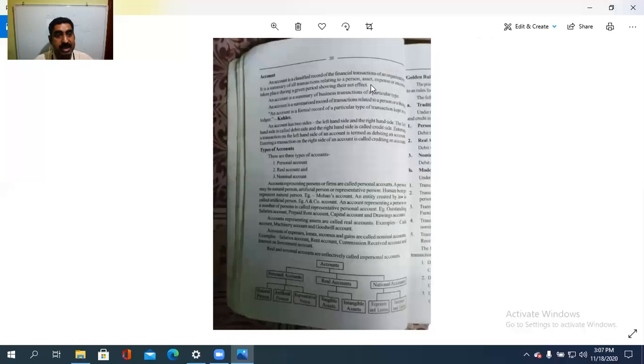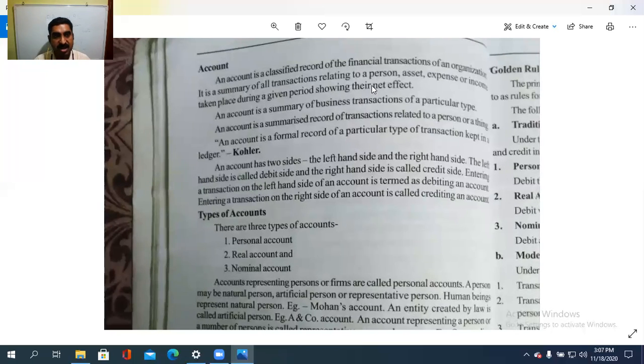Then what is an account? It is a classified record of the financial transactions of an organization, a summary of all the transactions relating to a person, asset, expense or income during a given period, showing their net effect. The types of accounts are personal, real and nominal.